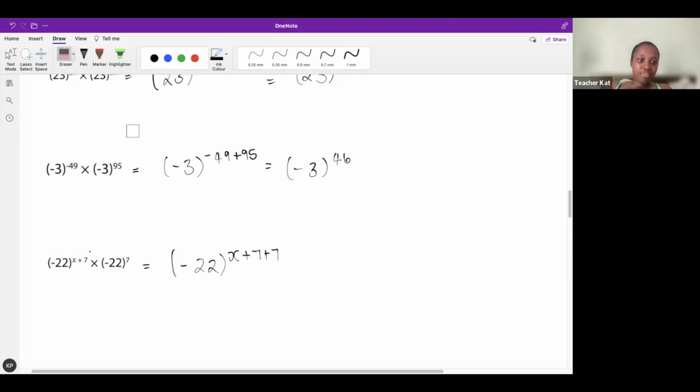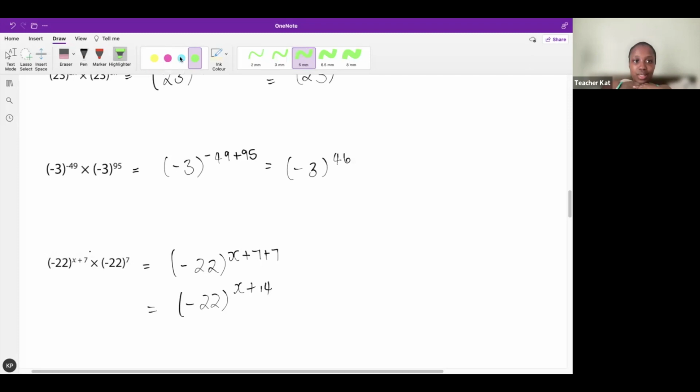So can we simplify this exponent? We have negative 22 to the power of x plus 7 plus 7. Can we simplify this exponent? Yes, so let's simplify it. It is negative 22 to the power of x plus 14.